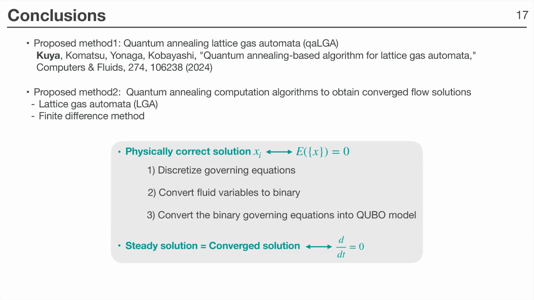To obtain the converged solution, we assume the converged flow solution is the same as the steady solution. Then we ignore the time derivative. What we have to do next is future challenges: to expand the computation scale and reduce errors. So that's it. Thank you.